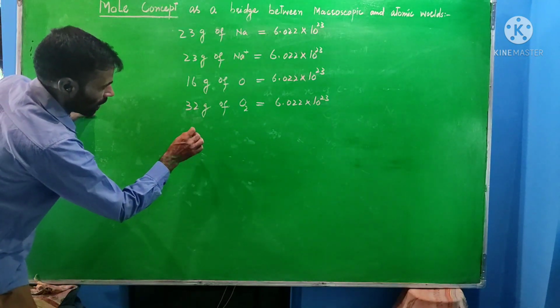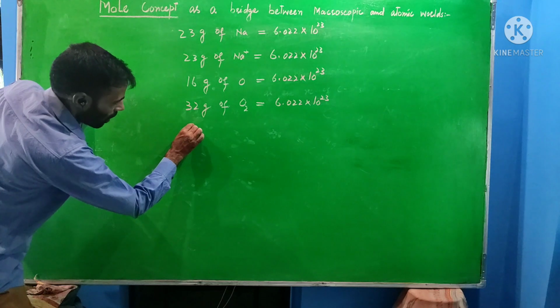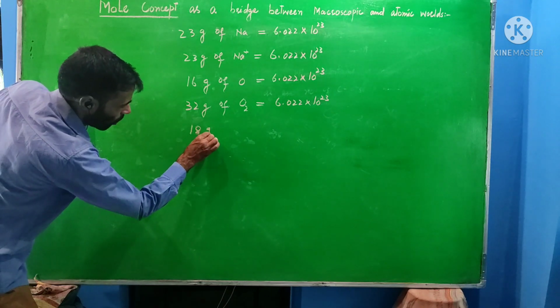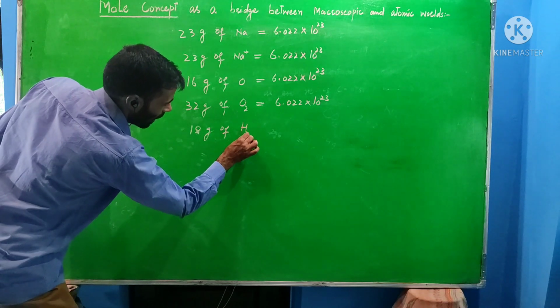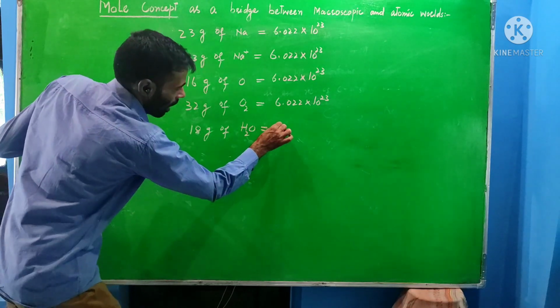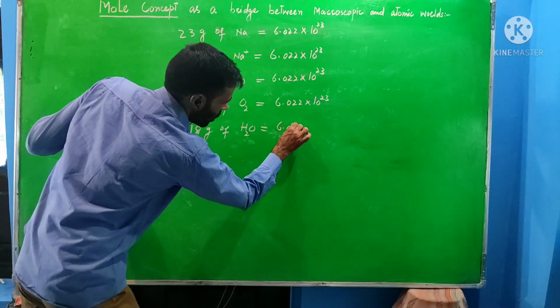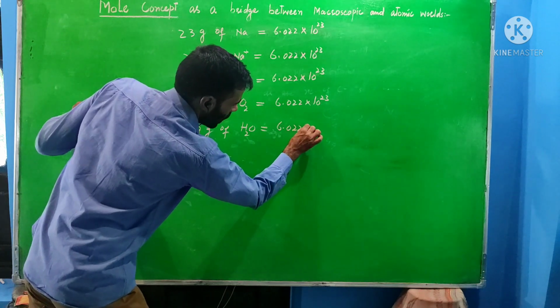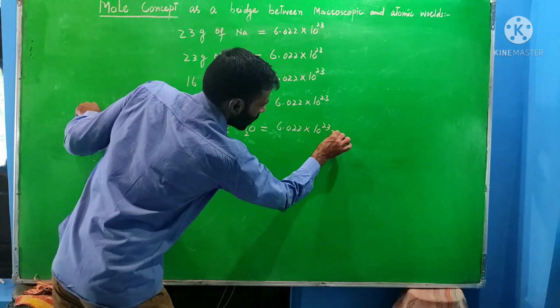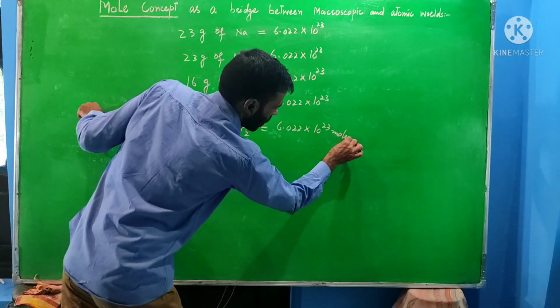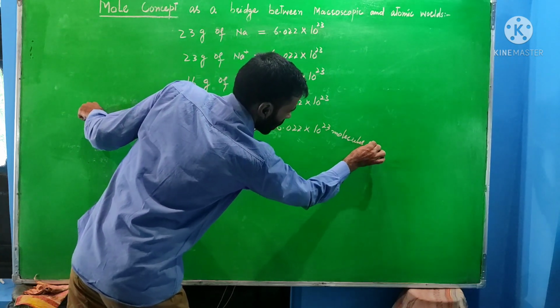Similarly, if we take 18 gram of water, H2O, then that contains 6.022 into 10 raised to power 23 molecules of water.